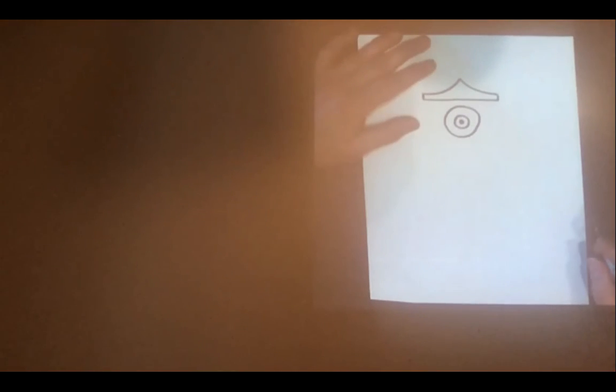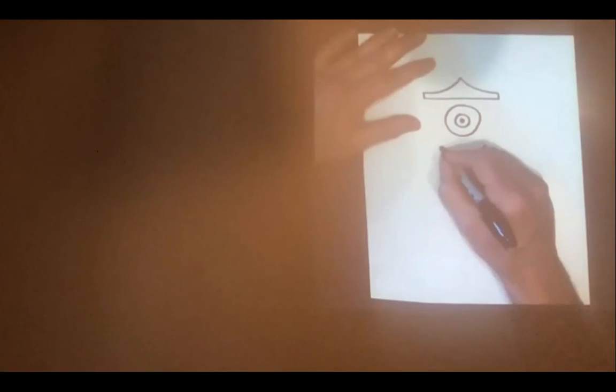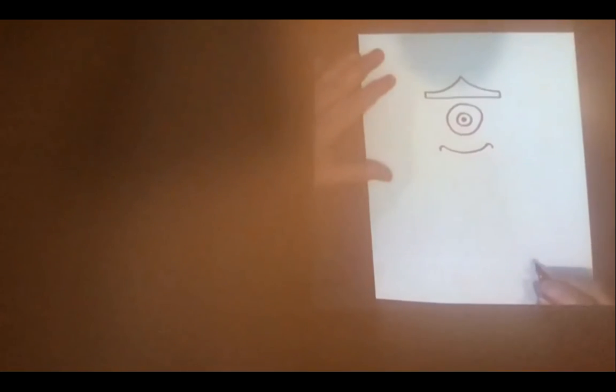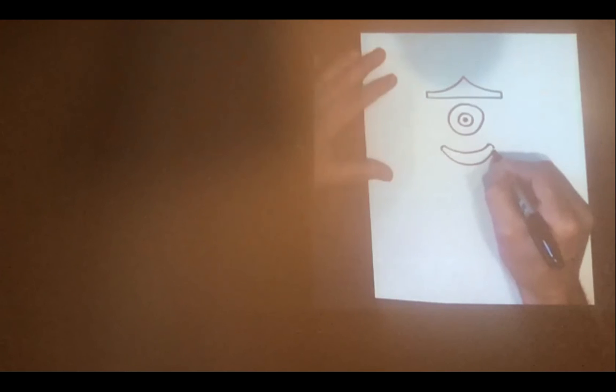We're going to actually draw a minion mouth. And what we're going to do is put the happy face right there, and then put the letter C there, a backwards C there, and connect it. It looks kind of like a banana.